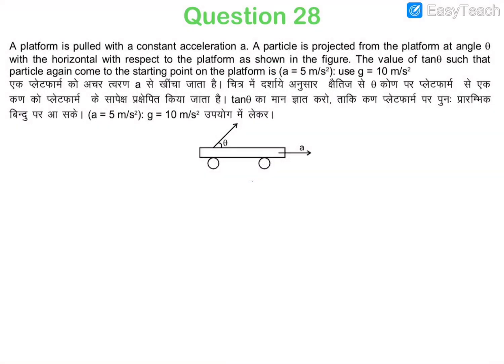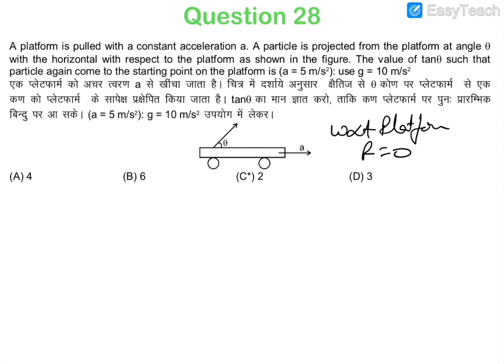In this question, you can see that a platform is being pulled with the constant acceleration a, and a particle is projected from the platform at an angle theta with the horizontal with respect to the platform as shown in the figure. The value of tan theta such that the particle again comes to the starting point on the platform, which means that obviously with respect to the platform the range is 0.